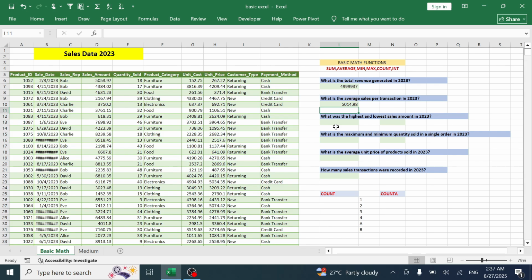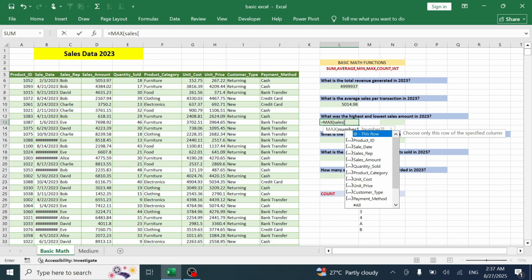The third question is, what was the highest and lowest sales amount in 2023? We need to calculate the highest and lowest sales amount. For maximum we need to use the max function, and the column is the sales table's sales amount.